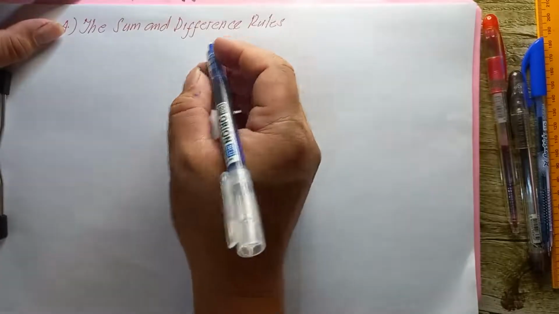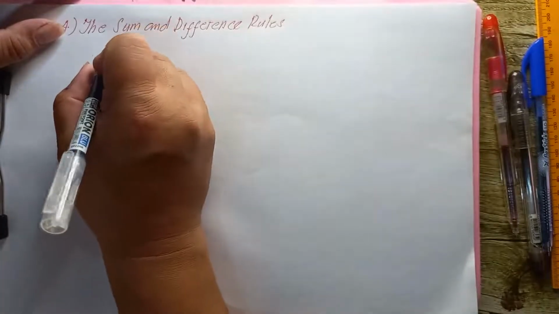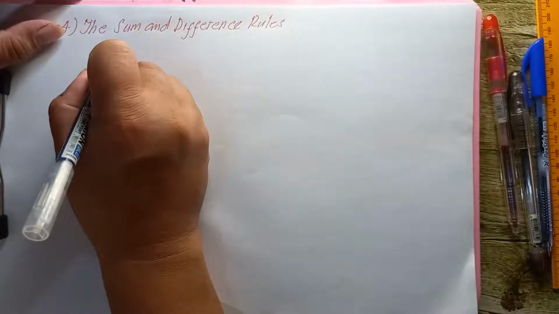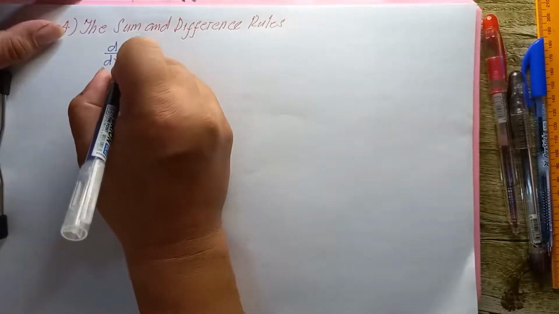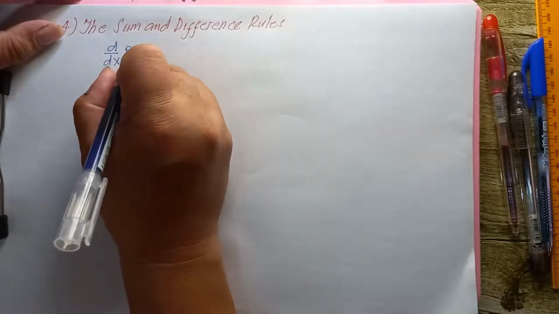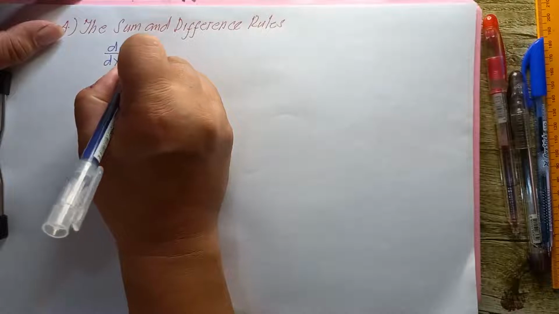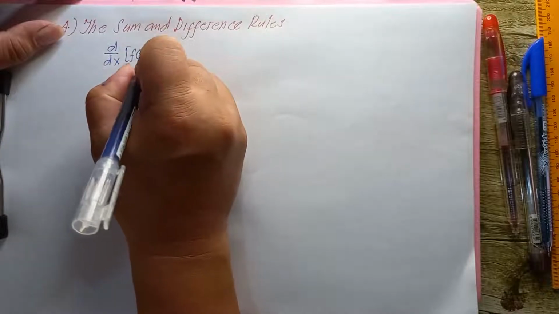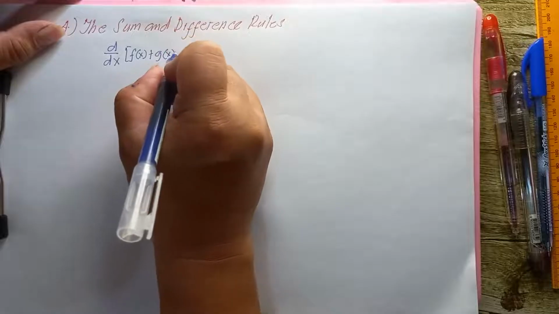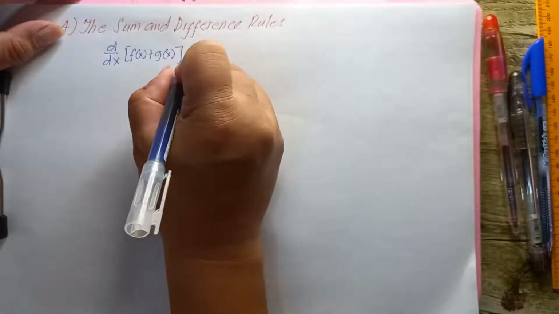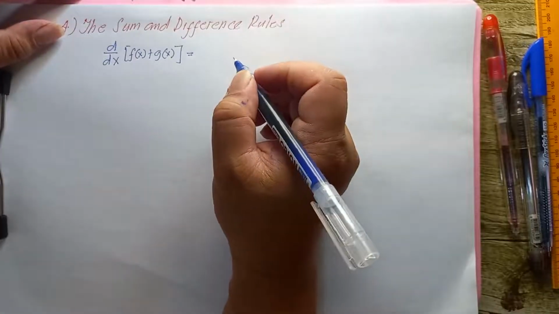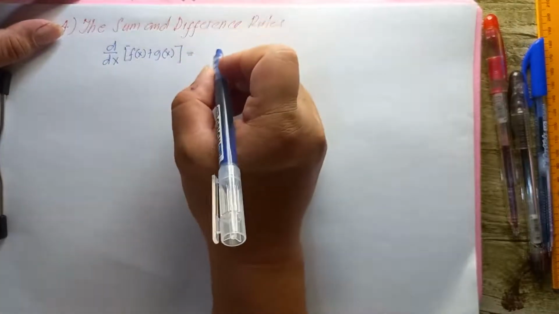The notation of this one is the same as this notation: d over dx of f of x plus g of x is equal to their individual derivatives.